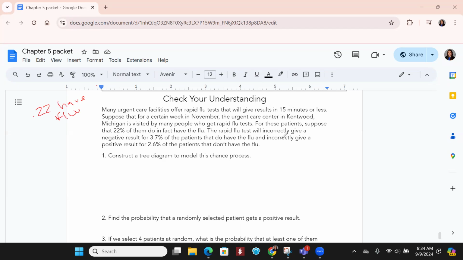The rapid flu test will incorrectly give a negative result for 3.7% of those that do have the flu, and give a positive result for 2.6% of those that don't have the flu. So we're talking about rapid flu tests.